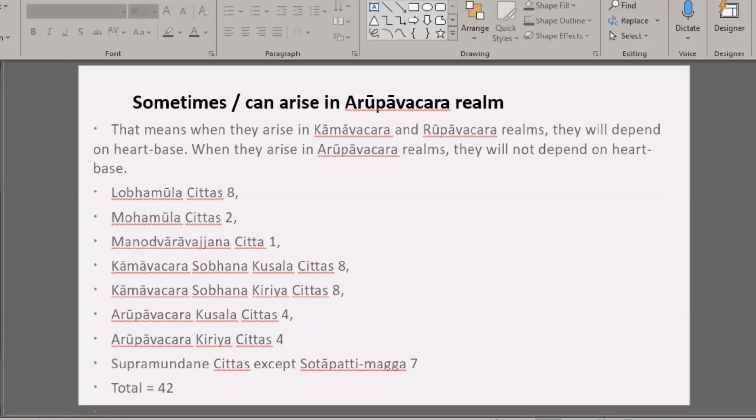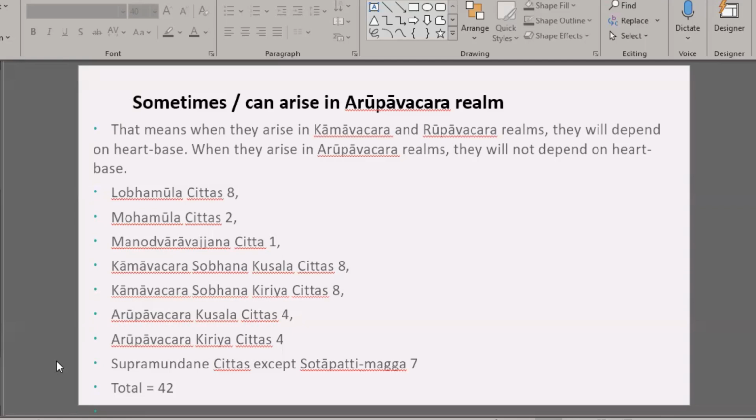Then, what are the chittas that sometimes depend on the heart base? That means, in other words, those chittas can arise in the Arupavachara realm. So you can see the chittas, there are 42. You can think what the reasons are also. I have quoted this sentence from Sayadaw U Silananda Abhivamsa. That means, when they arise in the Kamavachara and Rupavachara realms, they depend on the heart base.